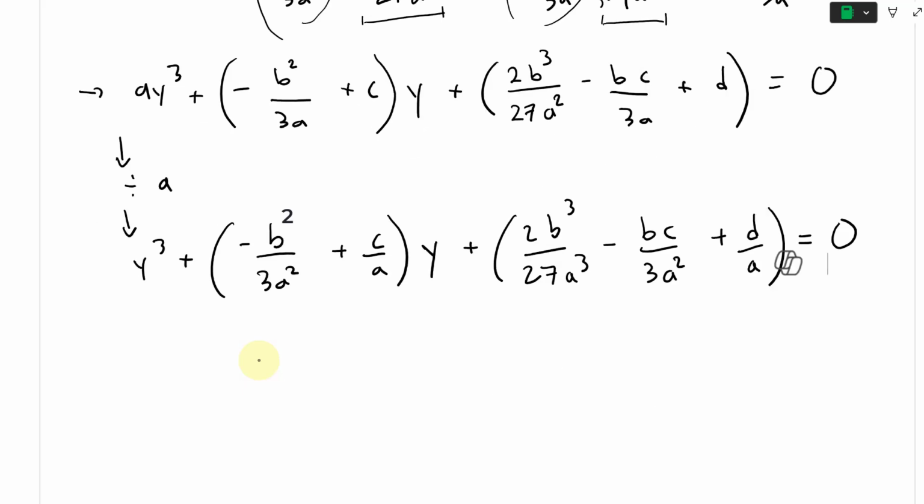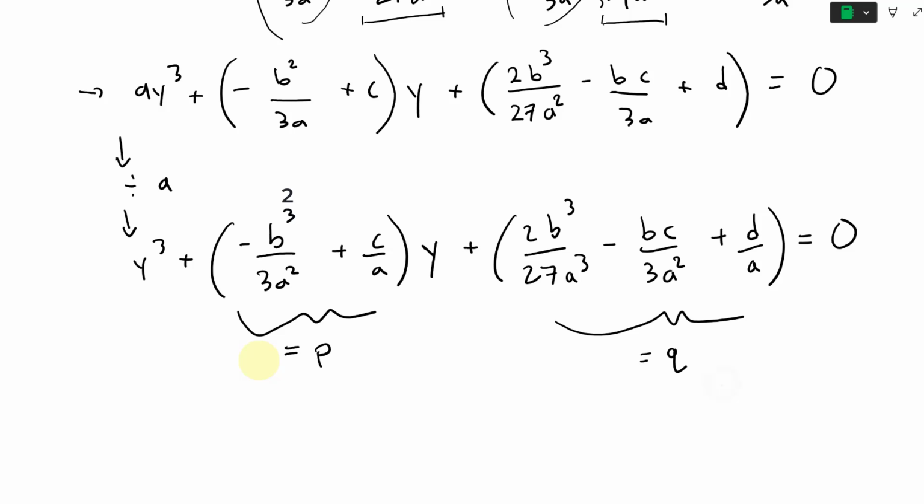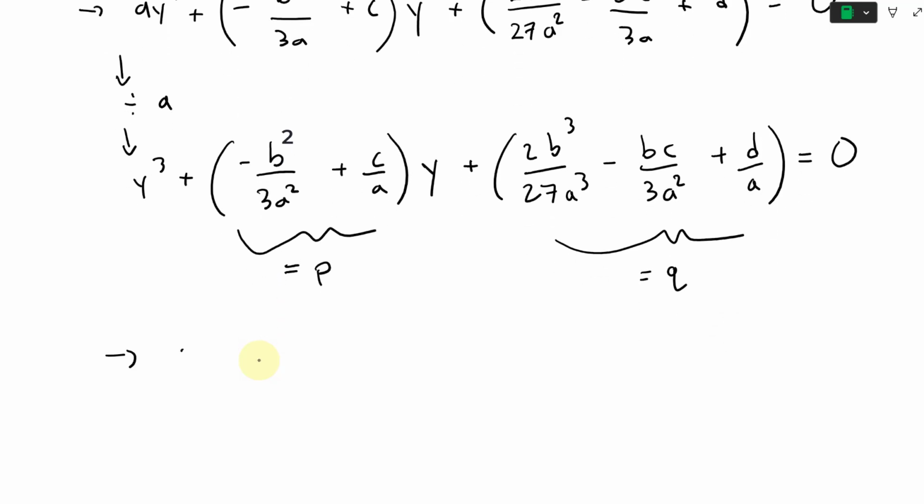Like that. Alright, and then this part right here just equals to our p. And this just equals to our q. So now this is just a giant constant. So what we finally have is the form y cubed plus py plus q equals to 0.